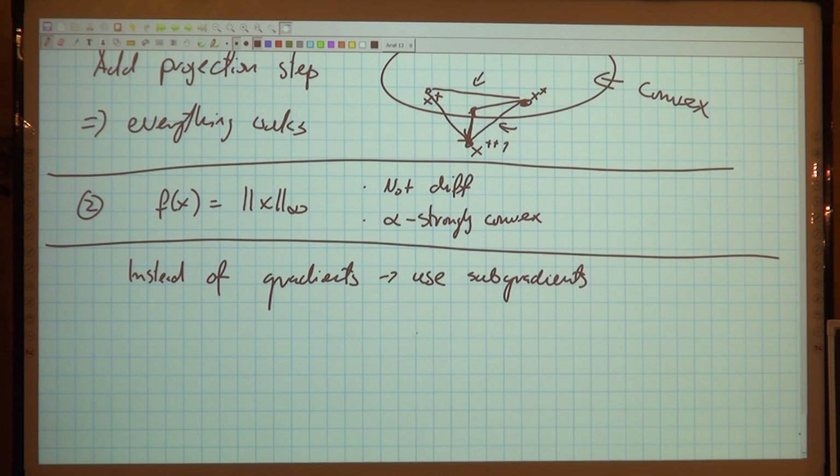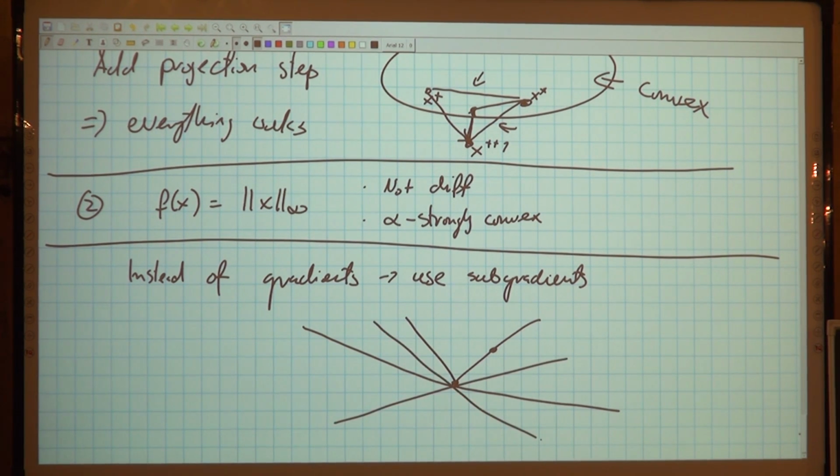The situation I have here is that if I'm here, the gradient is well defined, it's unique. But if I'm here, there are actually many gradients. There are many ways for me to write a line that will be lower bounding my function. This could be one, this could be one, there can be many of them.